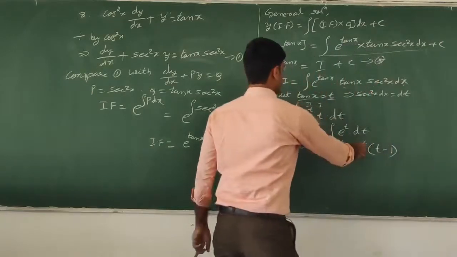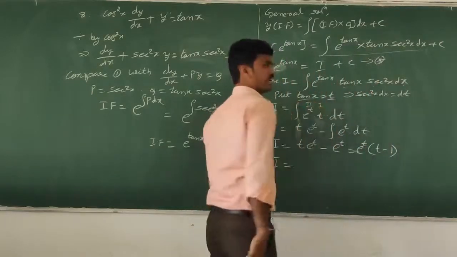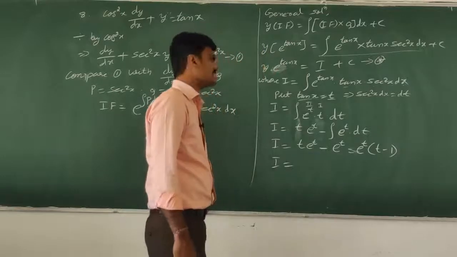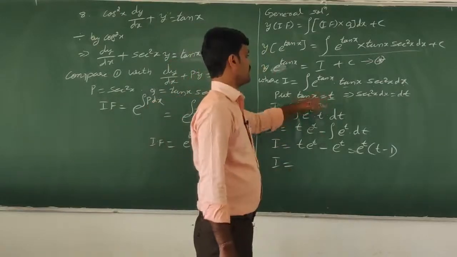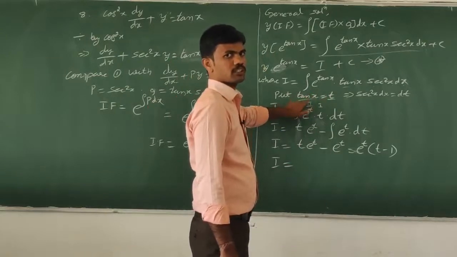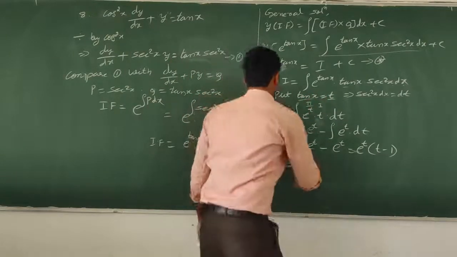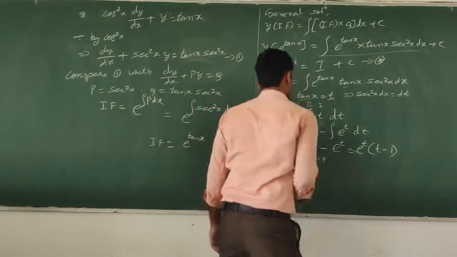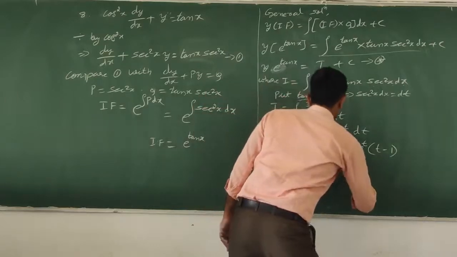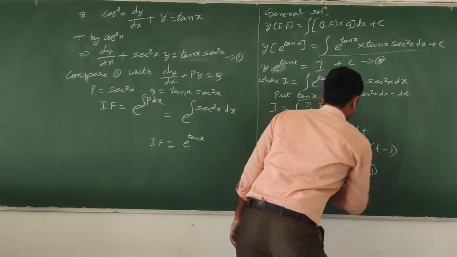Now replace this t by tan x, because the substitution we took was tan x is equal to t. Then we have I is equal to e to the power tan x into tan x minus 1.